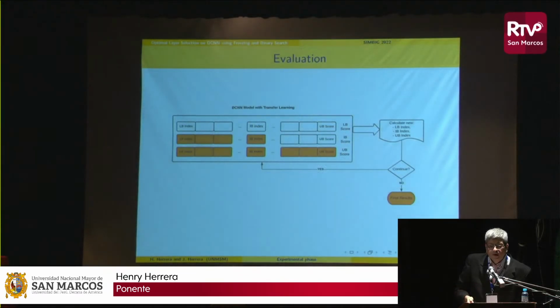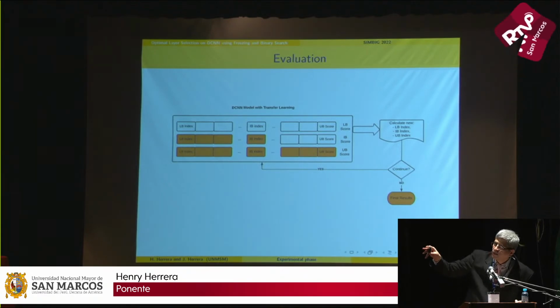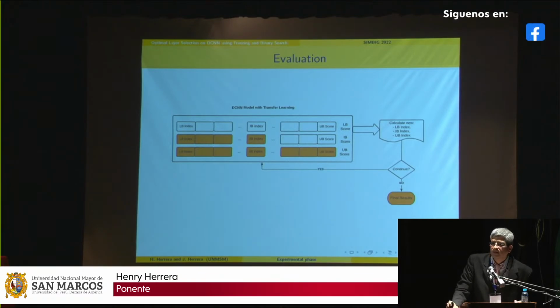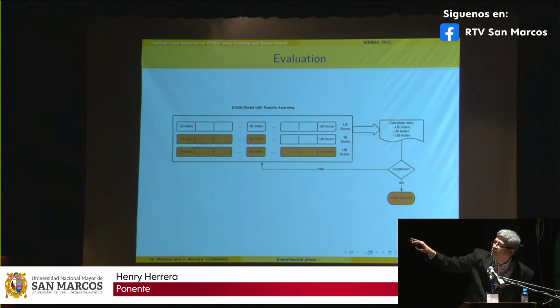Now, for the evaluation of the modified binary search, as you can see, in the first iteration we are evaluating 3 models. It's the same model, but in the first iteration we are not freezing at all, which gives the lower bound. Sorry, the lower bound index is not freezing any layer at all.